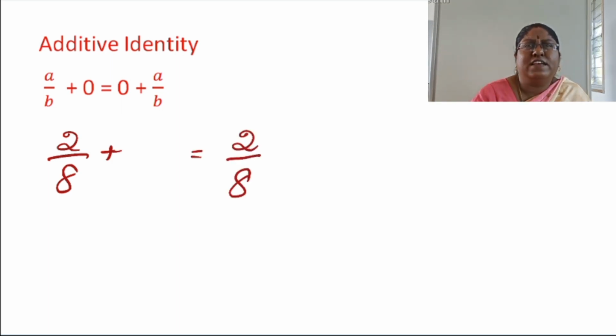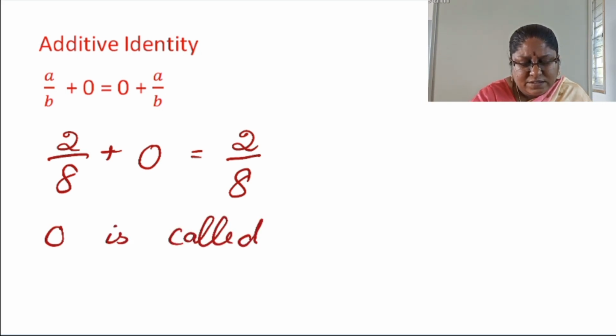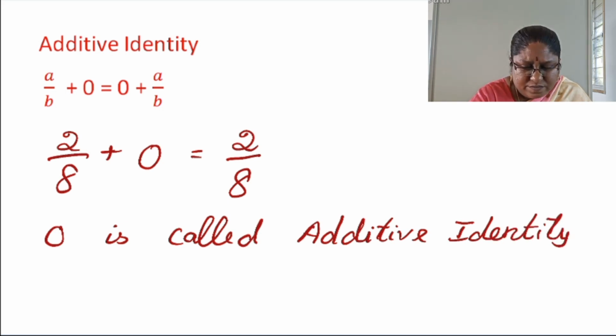When you will get like this answer also 2 by 8, if you add with 0 only you can get like this. So, 0 is called additive identity. What is it? 0 is called additive identity. This is important one word question. They used to ask it. Or 0 is called which identity, like that they can twist the questions.